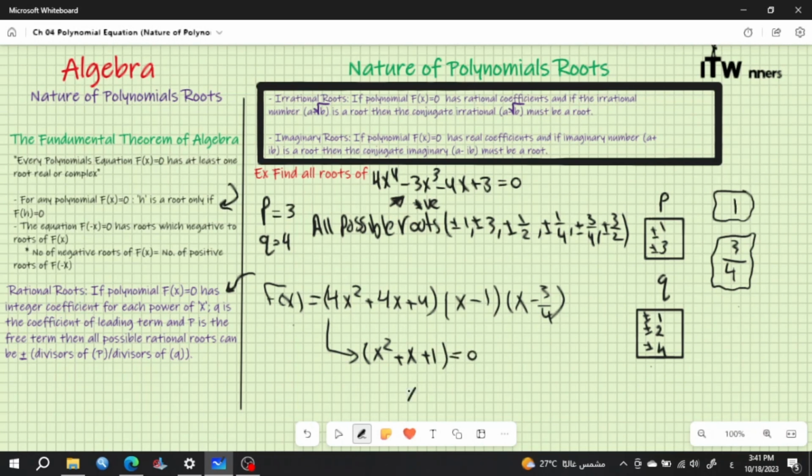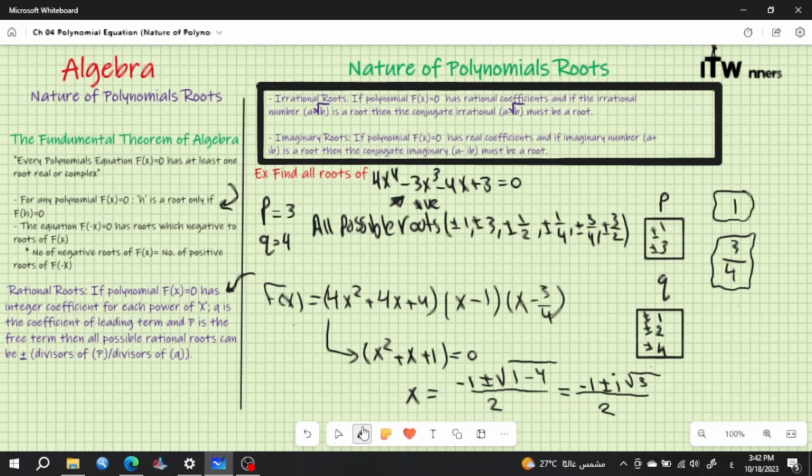Then x here equal to negative 1 plus or minus square root of 1 minus 4, okay, by 2. Okay, this equal to negative 1 plus or minus i square root of 3 by 2.